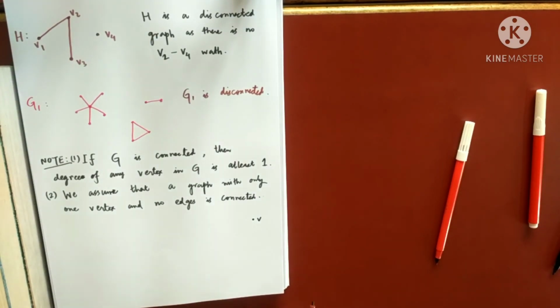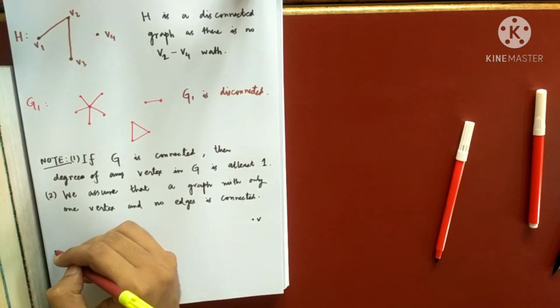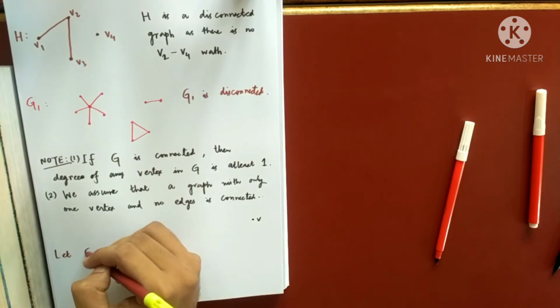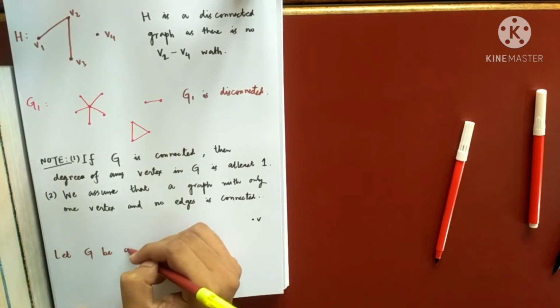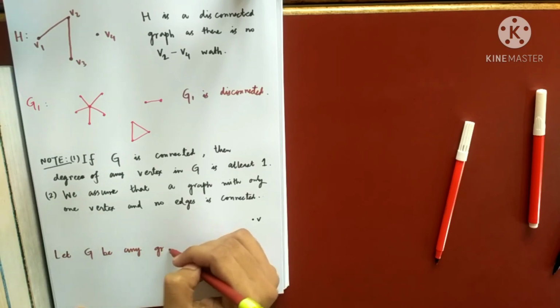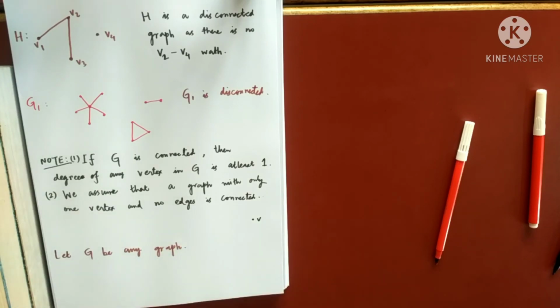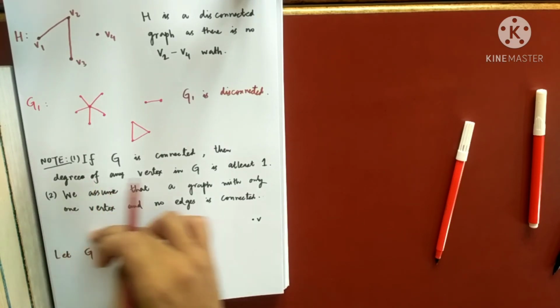Let's see where the idea of disconnected comes. Okay, so let G be any graph. You can give the heading components if you want.